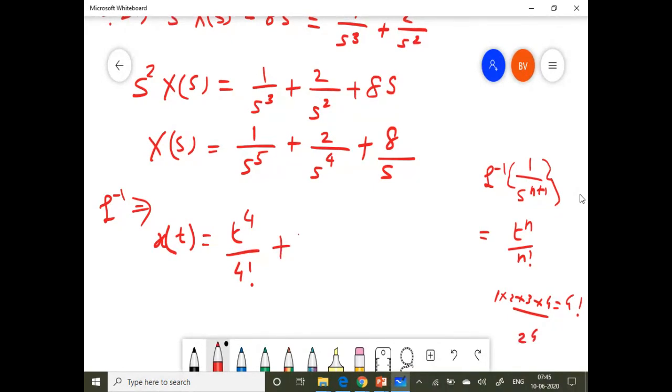Now this 2 is a constant. S power 4, it is 3, t cube divided by 3 factorial plus 1 over s is a Laplace transform of 1 is 1 over s. So this 1, 8. What is x of t?